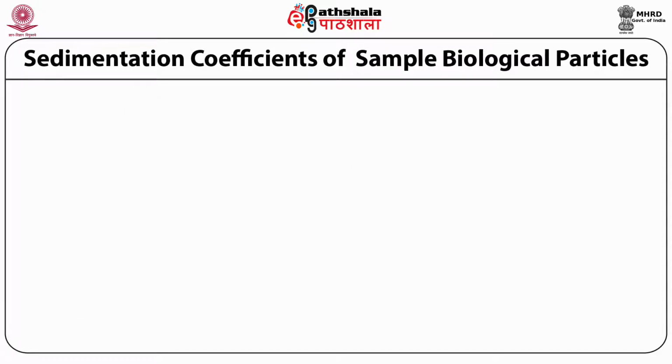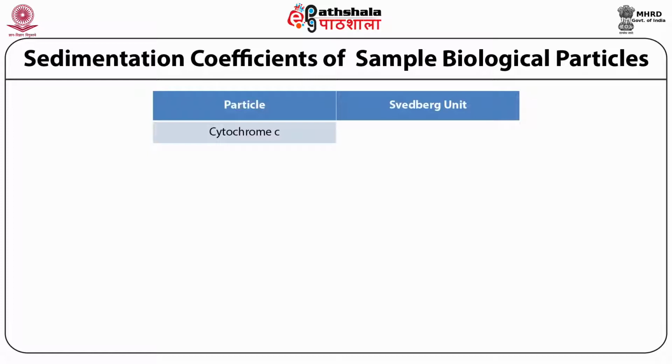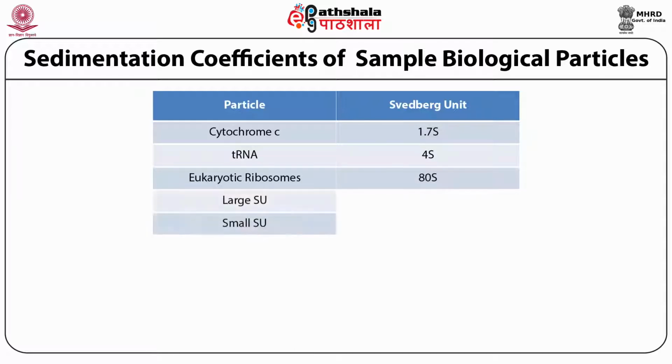The sedimentation coefficient values of some common biological molecules: cytochrome C, a very small protein, has an S value of 1.7S. Transfer RNA has 4S. The eukaryotic ribosome, as you are aware, is 80S, but it has two subunits, one 60S and one 40S.